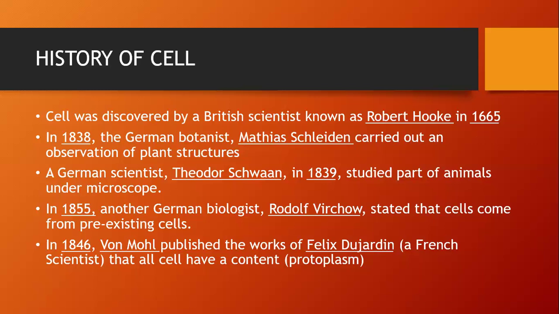And he was the one that discovered that in plant cells, they have nucleus, and he called this nucleus cytoblast. Okay. He was the one that studied plant cells and discovered that plant cells possesses a nucleus, and he called it a cytoblast. Okay.